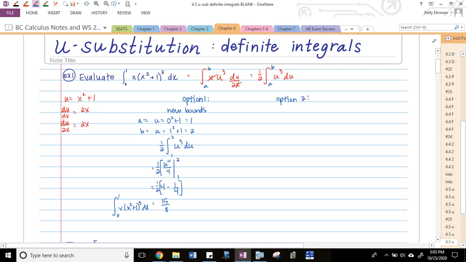Option 2 is to not mess with finding new bounds, but when you take the antiderivative, put it back in terms of x. So you've got 1/2 times, not u to the fourth over u, but (x squared plus 1) to the fourth. I said over u, I meant over 4, evaluated from, go back to the bounds in terms of x, 0 to 1.